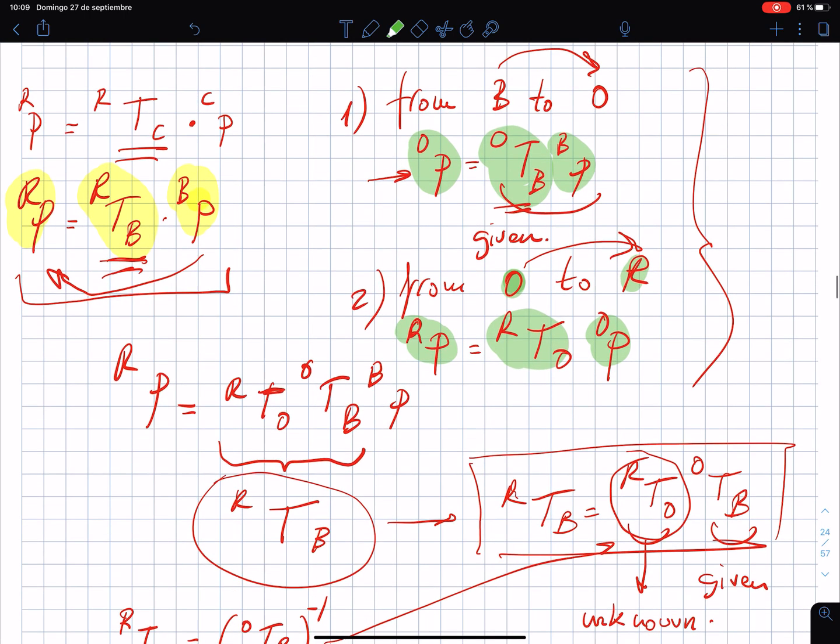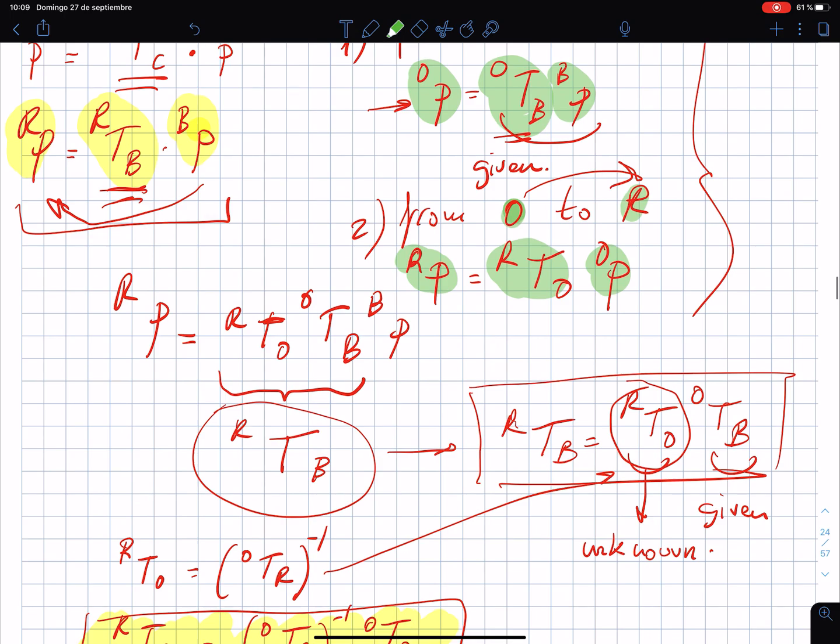So joining these two steps, that is writing the second equation but substituting for P0, we would have that from B to R, we would have these two matrices, which means that if this matrix product changes from B to R, then this matrix product is necessarily RTB.